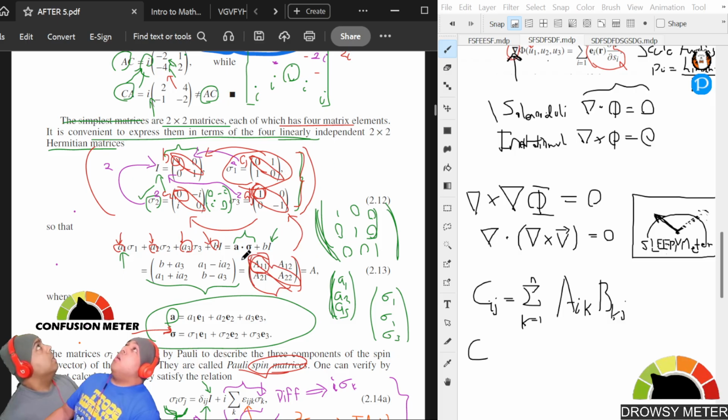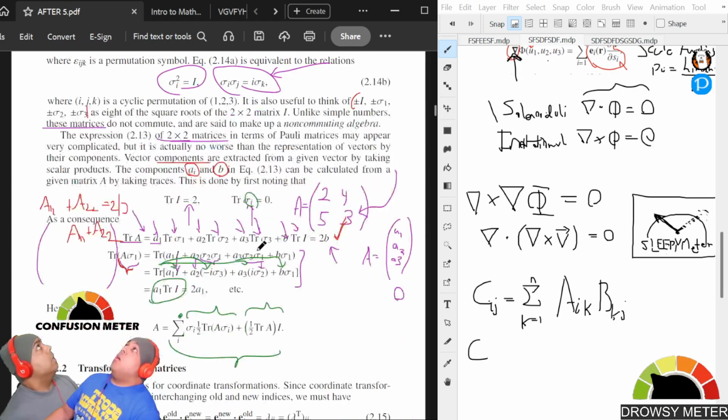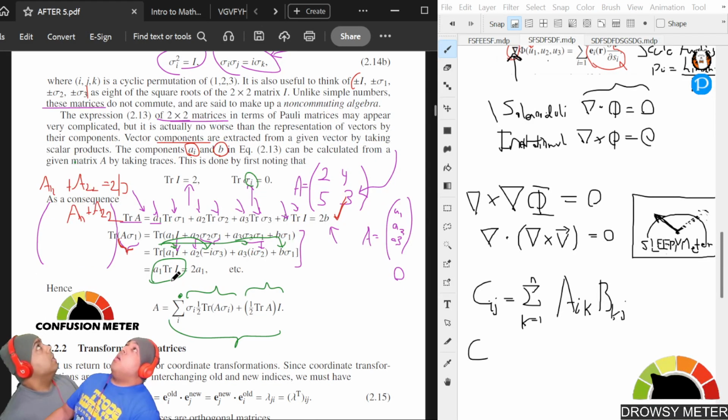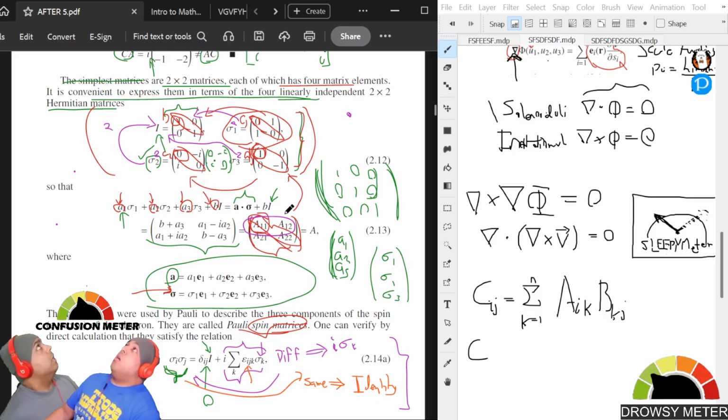A comes first, right? So row times column.